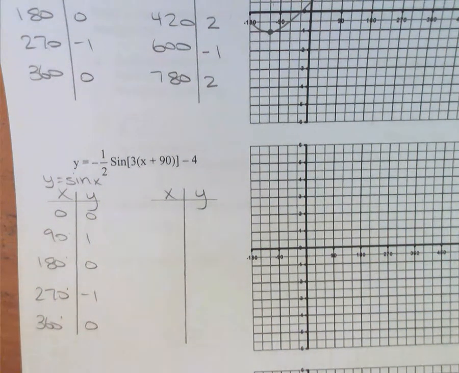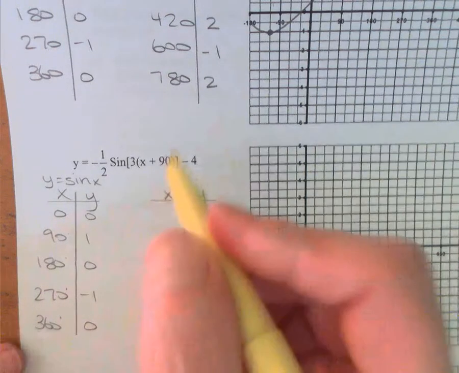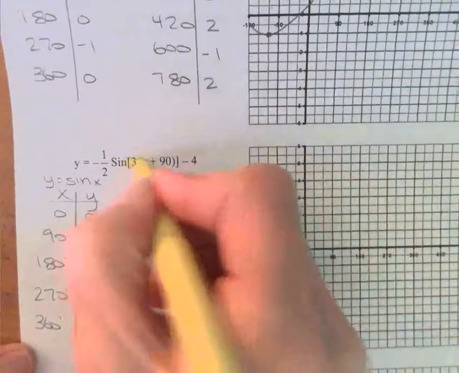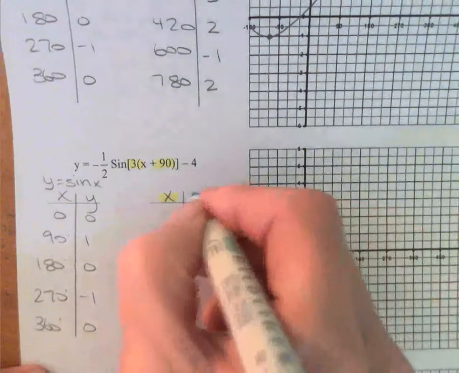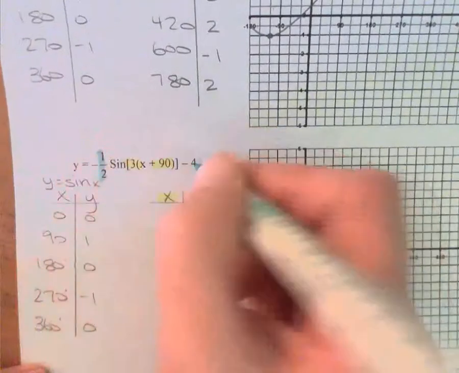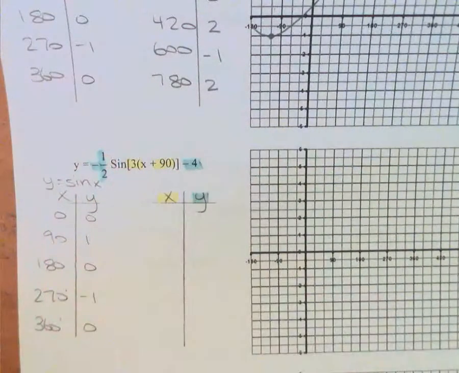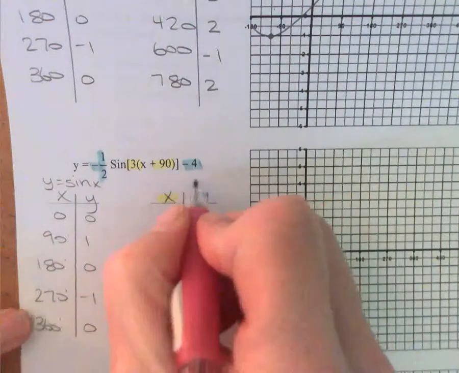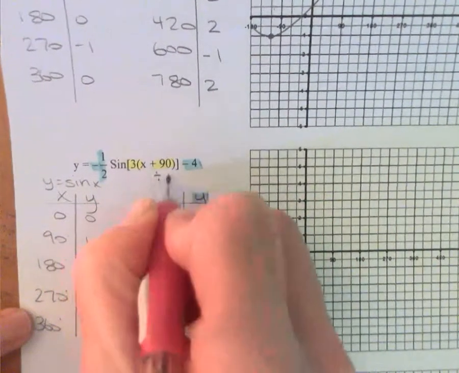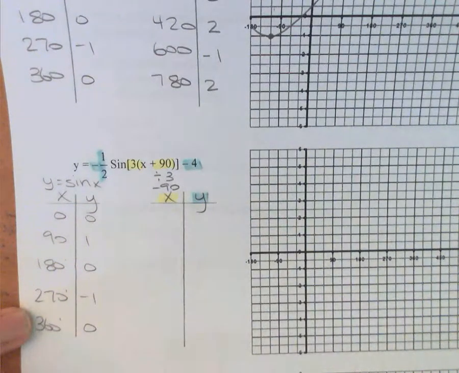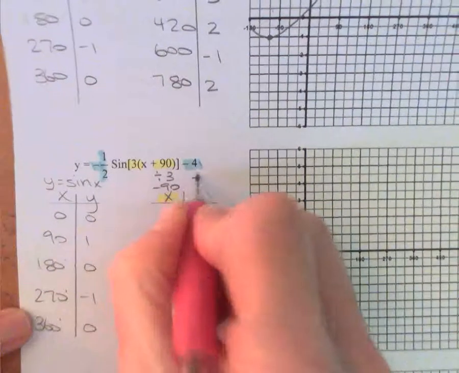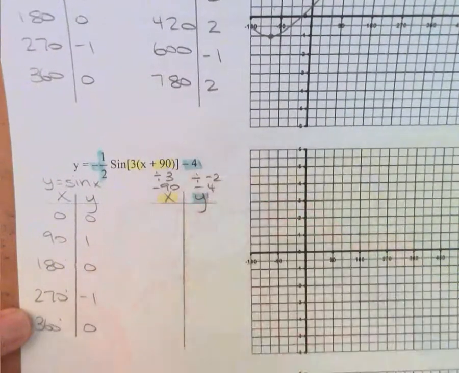Now I'm going to look at the transformation. For x, anything inside the bracket is going to lie. For y, anything outside the bracket is going to do what you want it to do. So we're going to take x, we're going to actually divide by 3 and subtract 90. For y, we're going to divide by -2 and subtract 4.